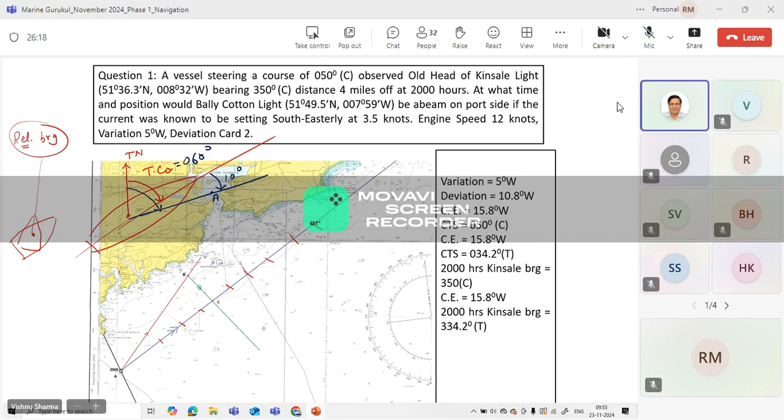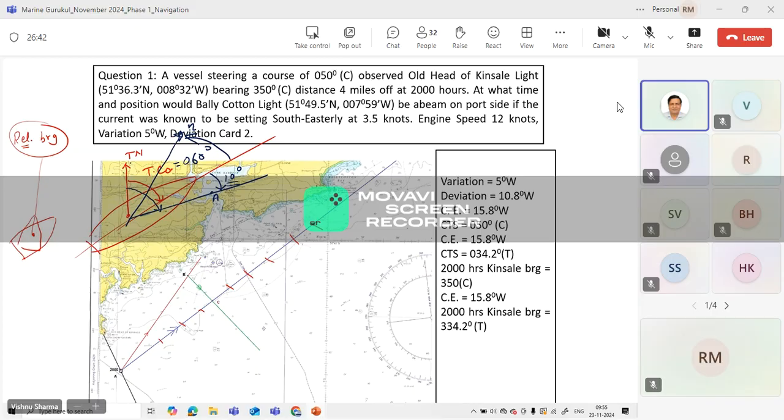So when the objects are on the starboard side, relative bearing is starboard, you will add the CTS and the relative bearing to get the true bearing. You can see from this diagram. If this object was, let us say, somewhere here, B, on the port side, this is so many degrees on the port side.